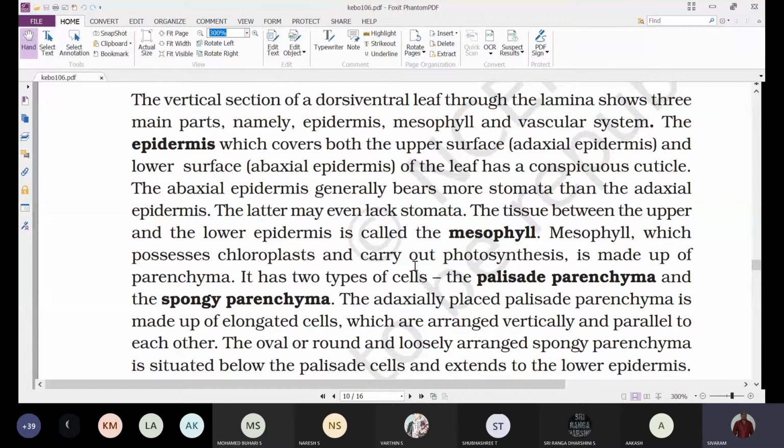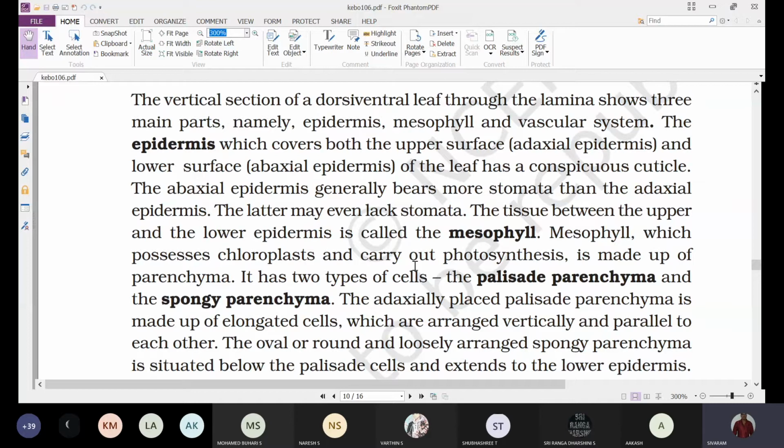So the abaxial epidermis generally bears more stomata than the adaxial epidermis. That means in some leaves, on the adaxial surface the stomata are absent and they are usually present on the abaxial or lower surface. But in some dicotyledonous plants, we'll find more stomata towards the lower surface when compared to the upper surface.